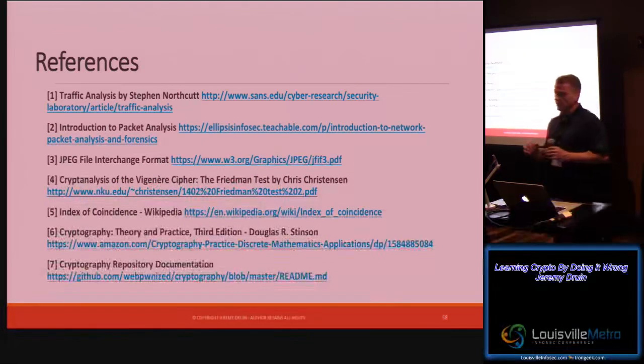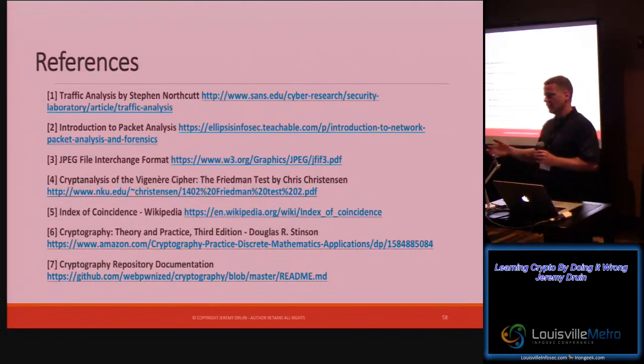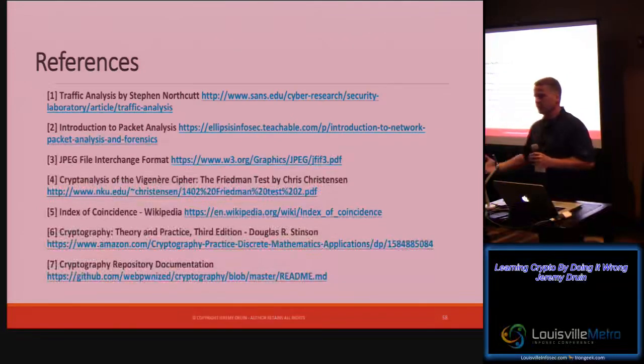Blue team would use the same techniques, but I think in this context, blue team might be like security operations, and they're probably using Wireshark or some kind of SIEM tool or some sort of traffic analysis tool that they've purchased, depending on how big of a shop they are.